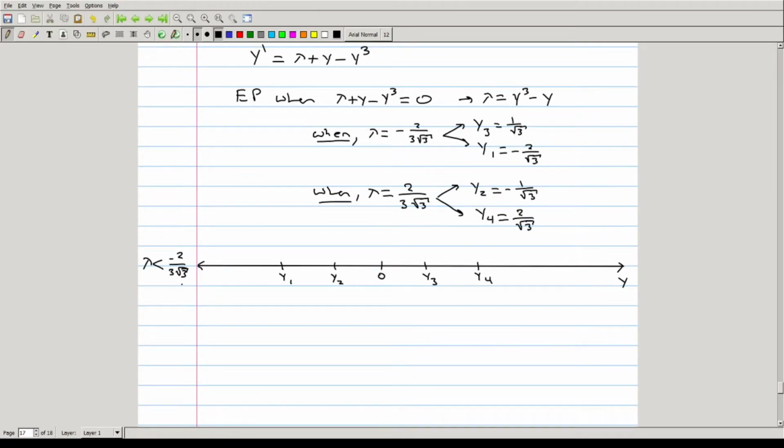So when lambda is less than negative 2 over 3 times the square root of 3, there's only going to be one root, or one real root, I should say, to this cubic polynomial. Call that yr1.